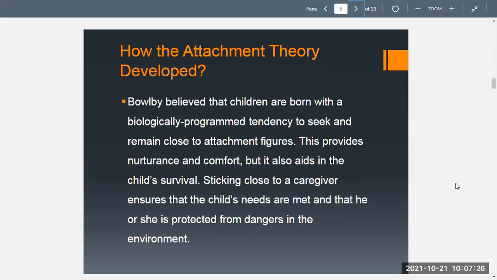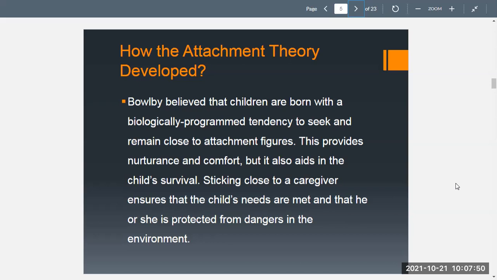So Bowlby believed that children are born with a biologically programmed tendency to seek and remain close to attachment figures. This provides nurturance and comfort, but it also aids in the child's survival. Sticking close to a caregiver ensures that the child's needs are met and that he or she is protected from dangers in the environment.